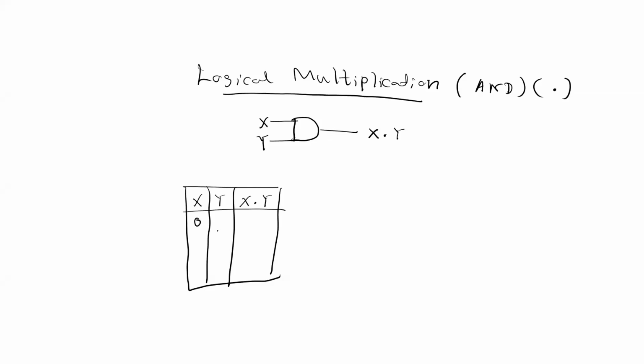That means we have four different situations: 0, 0, 0, 1, 1, 0, and 1, 1. So this is like a simple multiplication. In this case, the output is 0 here, and again 0, 0, and 1. It's like 0 into 0, 0, 0 into 1, 0, 1 into 0, 0, and 1 into 1, 1. So it is similar to that.